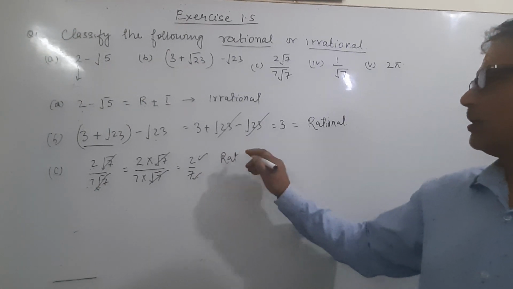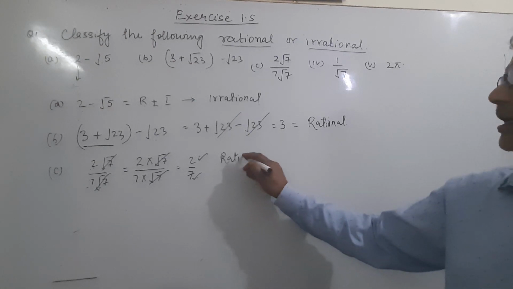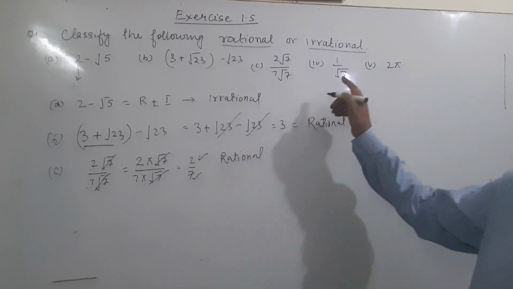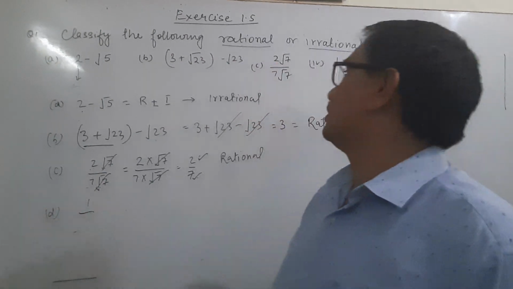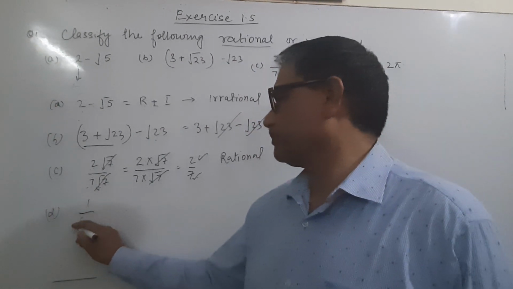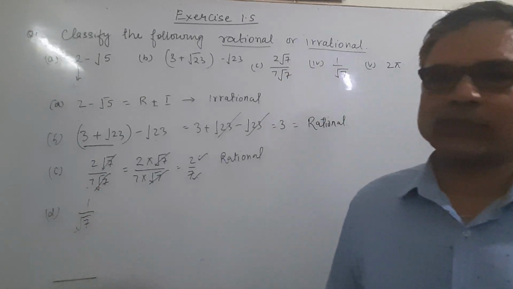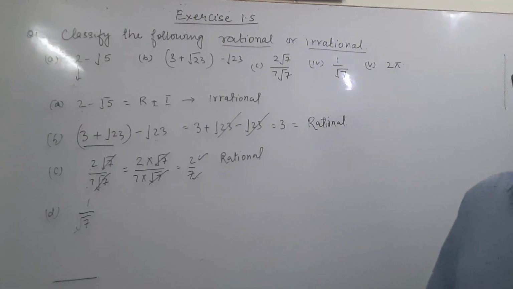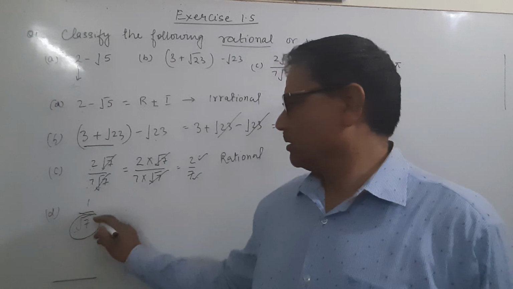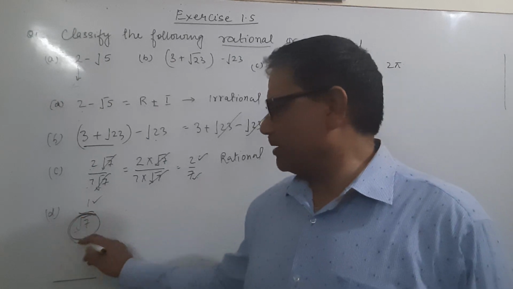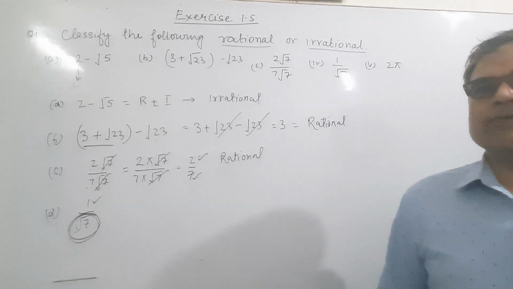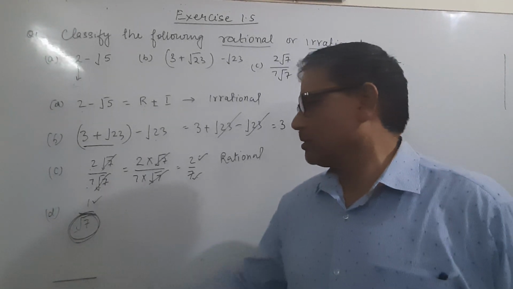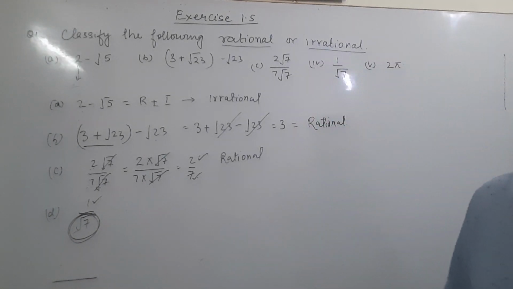2 upon 7, this is an integer divided by an integer, it means it is in p by q form, so therefore it is rational. And after that, 1 by root 7. 1 is an integer, but root 7, which is in the denominator, is an irrational number.